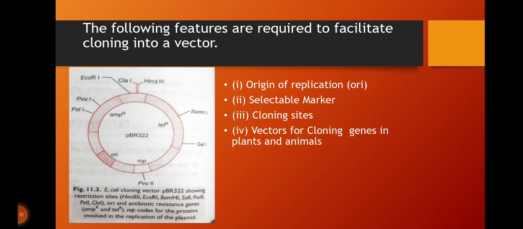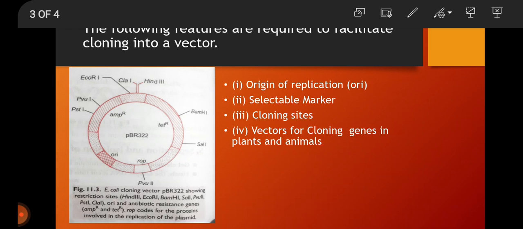Now our next slide. The following features are required to facilitate cloning into a vector. You can see here, this is the plasmid pBR322. First of all, we have to understand what features are required to facilitate cloning into a vector. First, we need an origin of replication, or we can say the ORI.